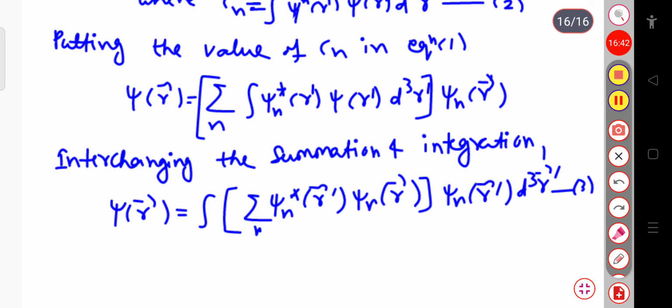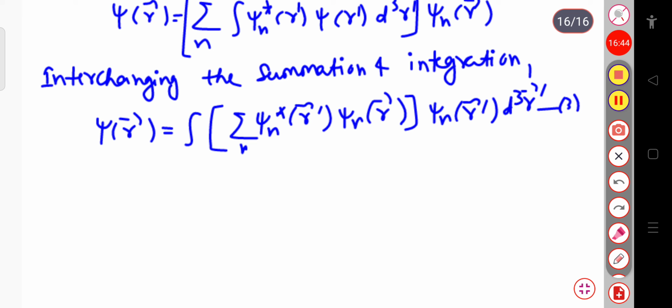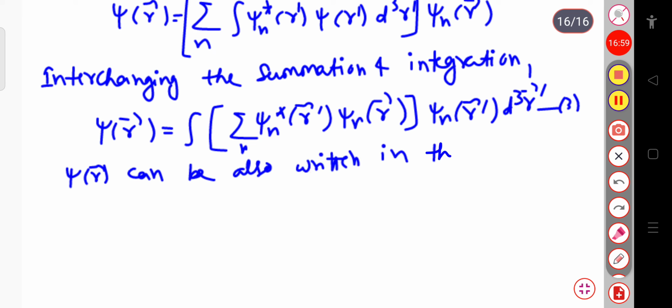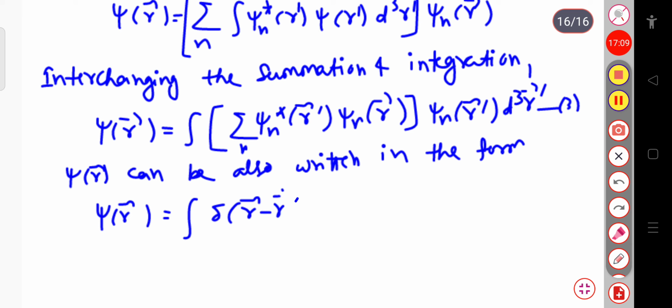This psi of r can also be written in the form, I can write psi of r equal to the integration over delta of r minus r prime into psi of r prime into dq r prime.